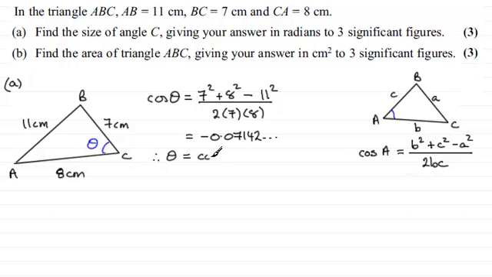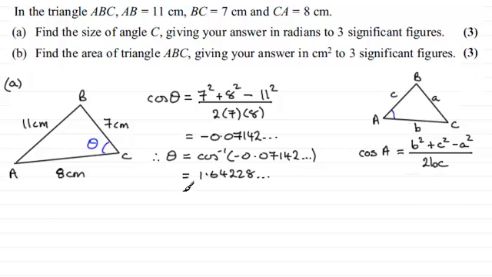Now we've got to be careful here, because to get theta we have to take the inverse cosine of both sides, and it's asking us to work this out in radians mode. So make sure your calculator is in radians mode, and if you inverse cos this, you should find you get 1.64228 and so on radians.